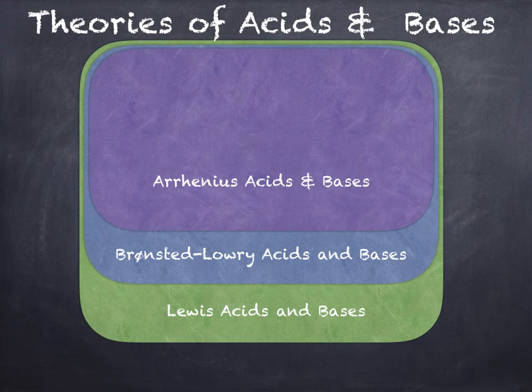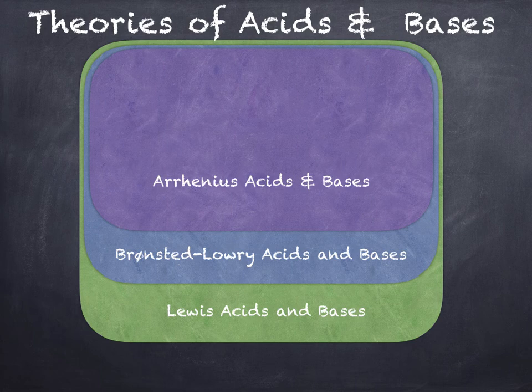So this is a flow chart trying to illustrate that. All acids and bases are Lewis acids and bases, but not all acids and bases are Arrhenius acids and bases. Then again, you could probably say that all Arrhenius acids and bases are Bronsted-Lowry acids and bases.